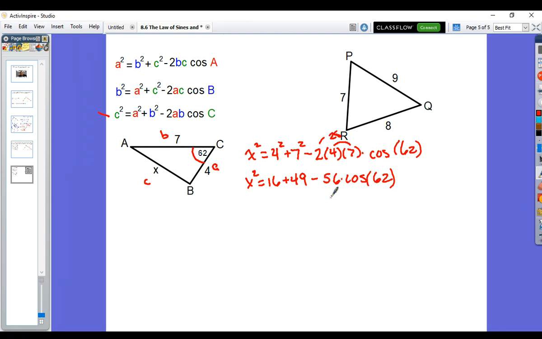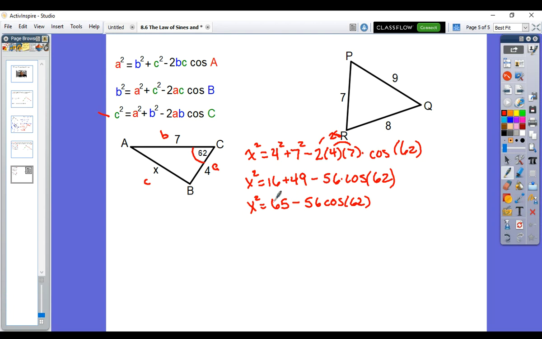This is one big thing. As we simplify this one more time, there's a common mistake that happens. So x squared equals, we add those two, we get 65 minus 56 cosine of 62. The common mistake happens right here: we try to subtract that, and we cannot do that. Those two terms cannot be subtracted, because it's like having 65 minus 56x.